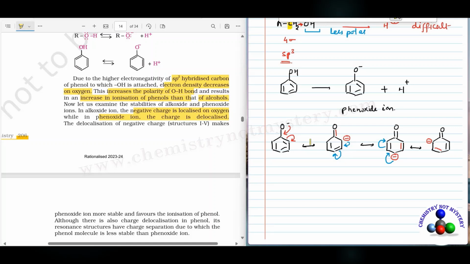So when you see the delocalization of negative charge, in the first structure the negative charge is over oxygen, in the second it moved to the ortho position, in the third it moved to the para position, and in the fourth structure it moved again to the ortho position. So there is delocalization of negative charge.